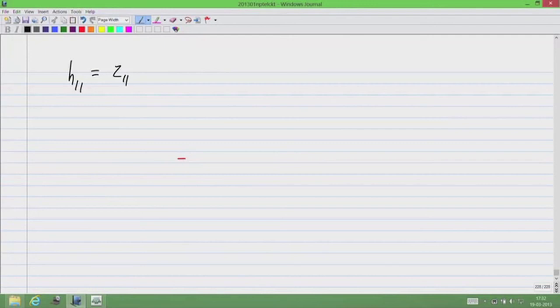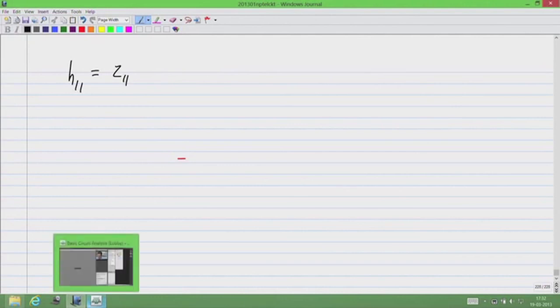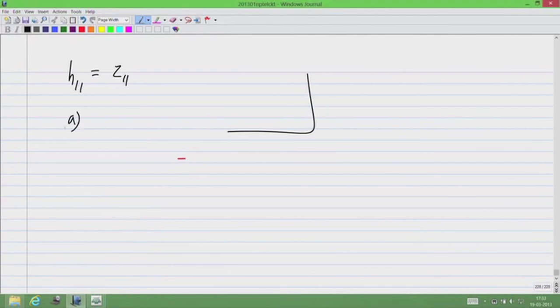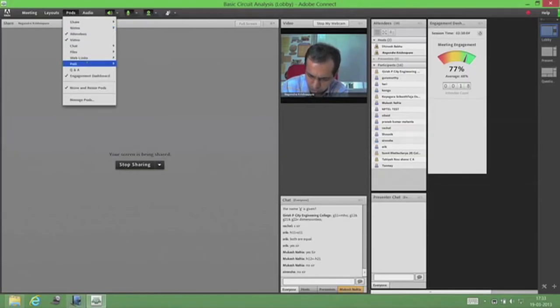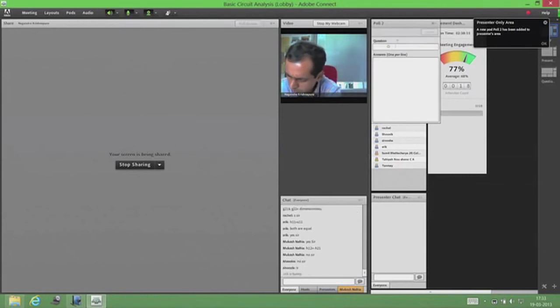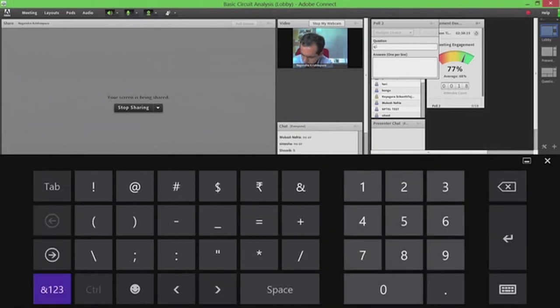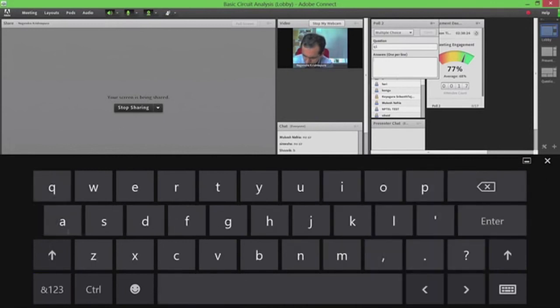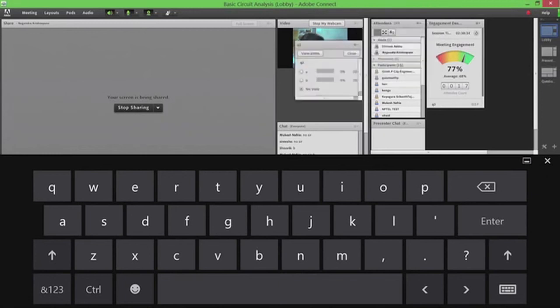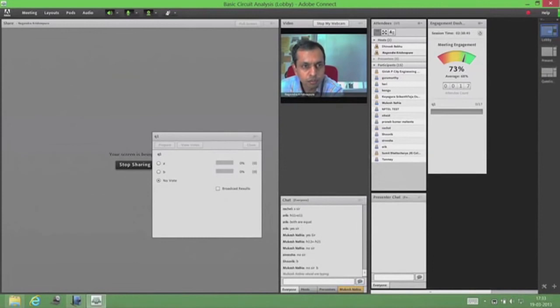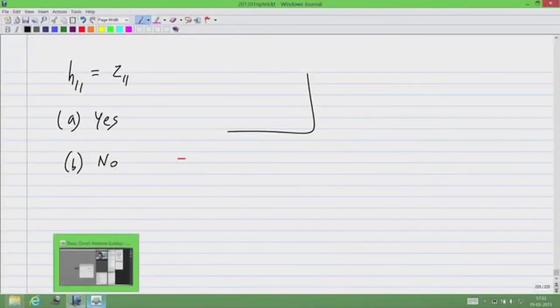What do participants think? Is H11 the same as Z11?